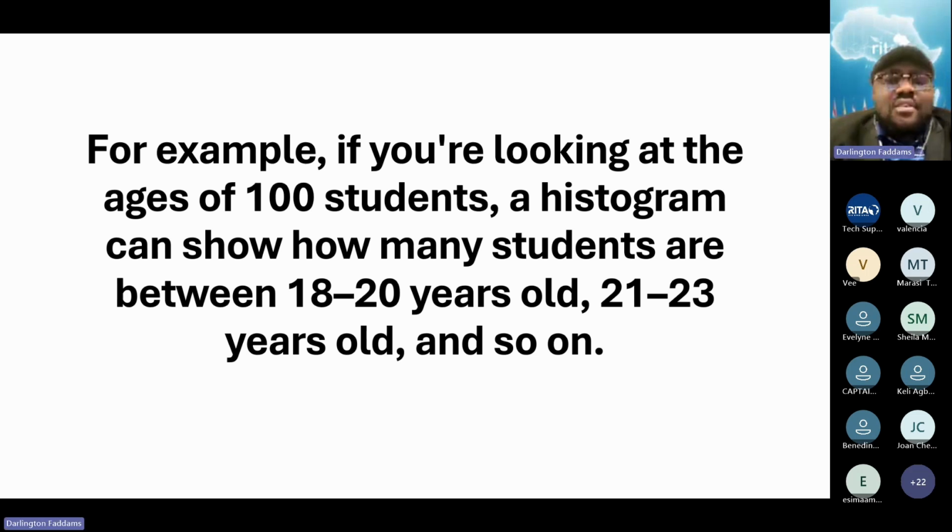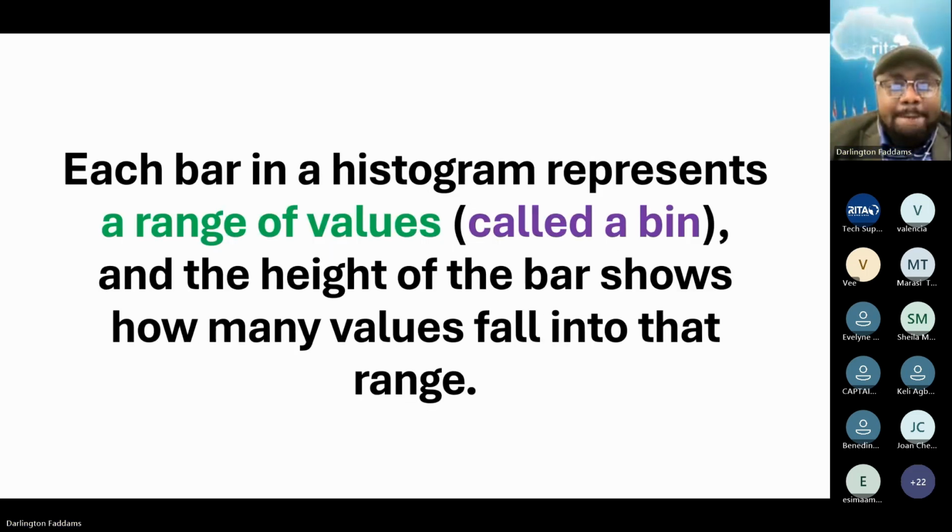So you ask yourself, is this good insights? Is it important sometimes for us to know how many fall in a certain range? And of course, you've already answered yes. And so this is very, very important insights that you may need. And a histogram is just a perfect visualization to use for this.